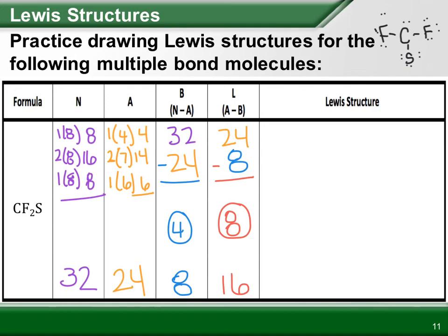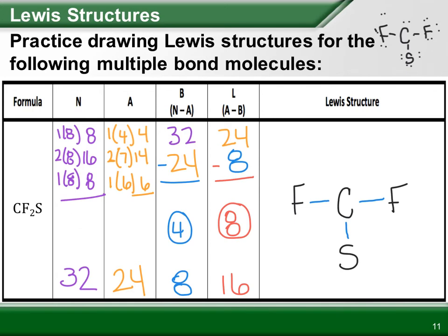We're ready to work on the structure. We would put carbon in the center. Since we want it to be symmetrical, we'll go ahead and put the 2 fluorines on the left and the right, and follow that with the sulfur on the bottom. We're going to connect them using bonds, and then we check. We have 3, but we need 4.